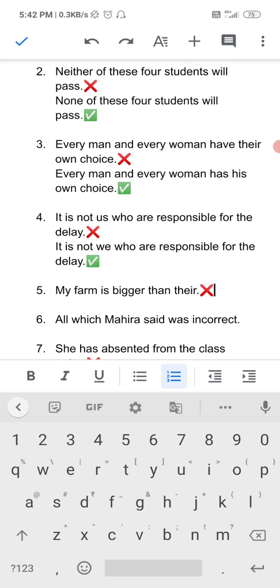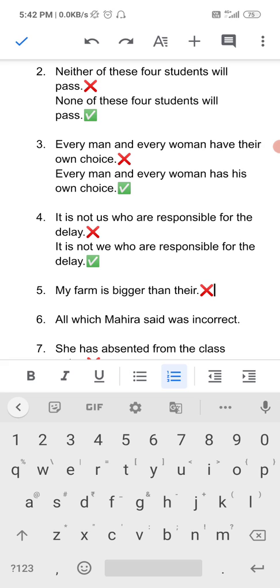So we have to use a noun after the word their because we cannot end a sentence on the possessive adjective. And more remarkably, we have made here an unparalleled comparison between my farm and their. It makes no sense.